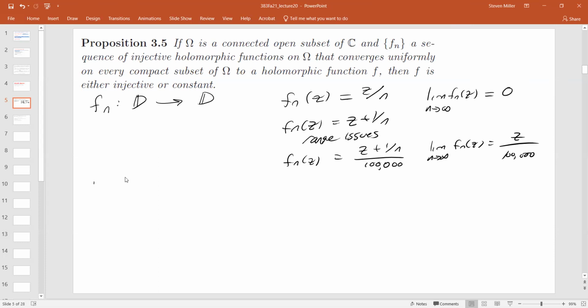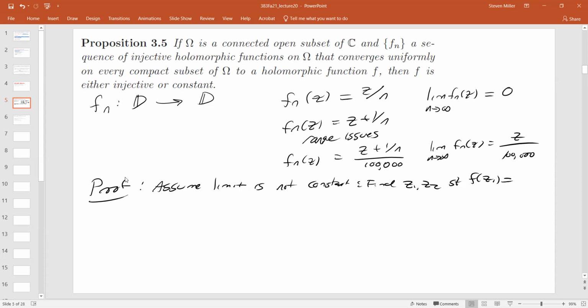Okay, the proof, I'm going to just sketch. Assume the limit is not constant. So we can find Z1 and Z2 such that F of Z1 does not equal F of Z2.